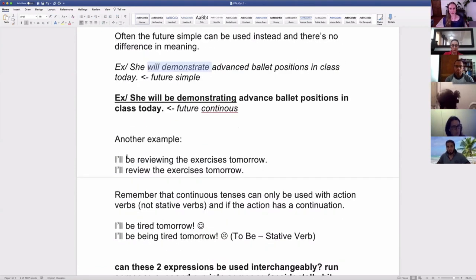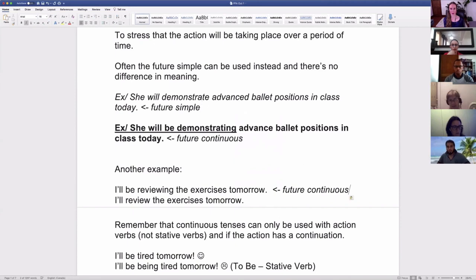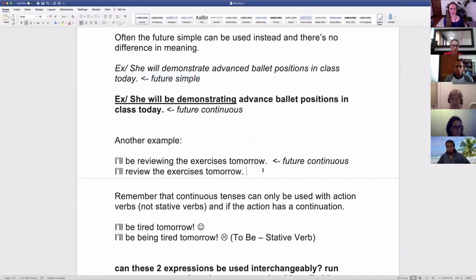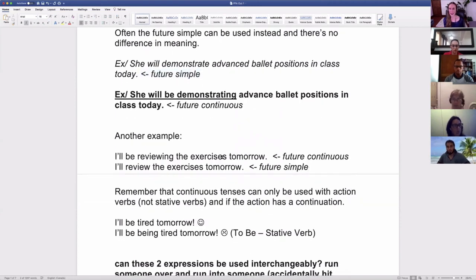Now let me just give you another example. I'll be reviewing the exercises tomorrow. I'll review the exercises tomorrow. Again, we have a future continuous and a future simple, but really I would say there's no difference in meaning. And if I say this one, but then my next sentence, I change it and use the future simple, there's no reason why I did that.